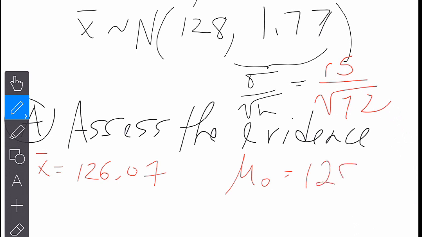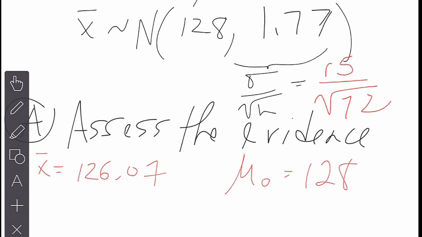Now these numbers are very similar, right? But depending on the deviations from the mean, it could be different. Okay, so if the standard deviation of x bar was really small, these could be different. But in this case, it doesn't look like they're going to be, right? So if you look here, this is the sample mean.